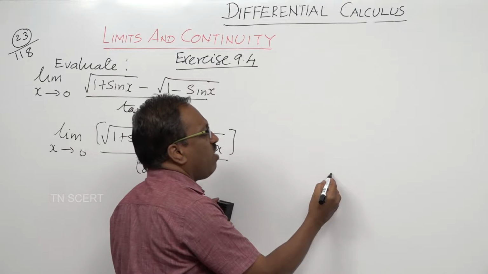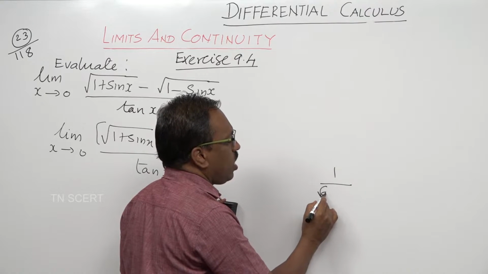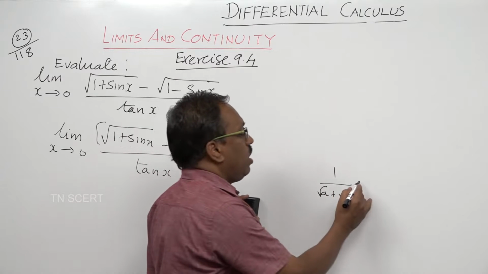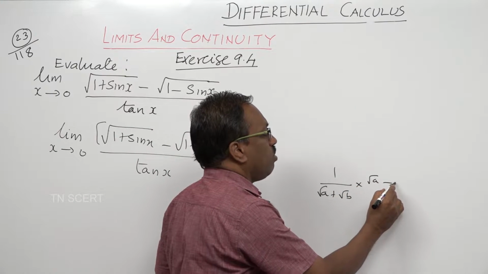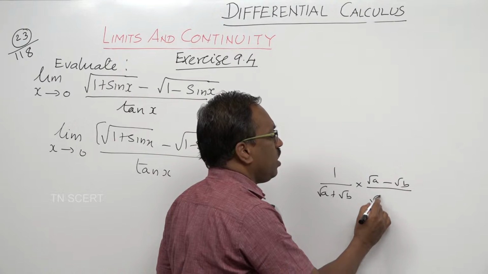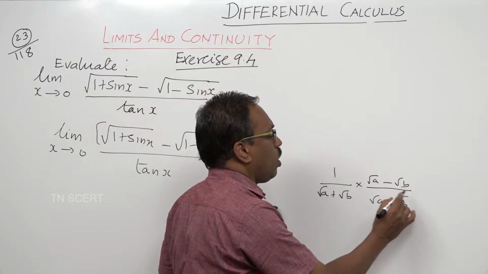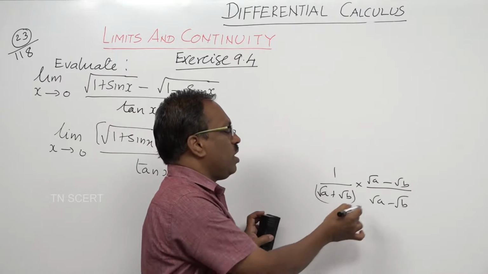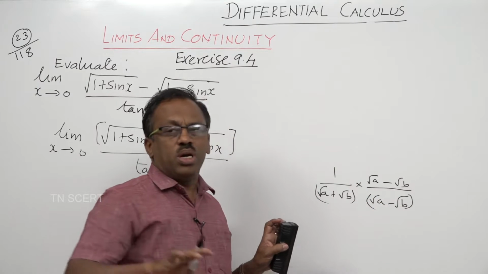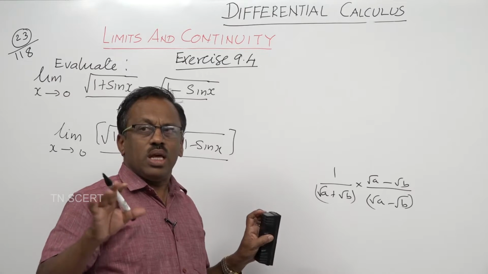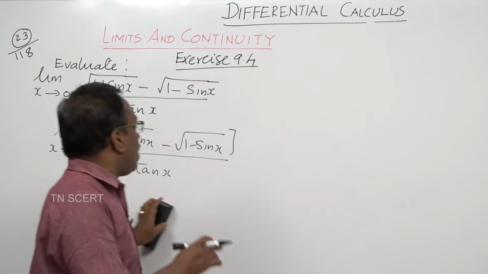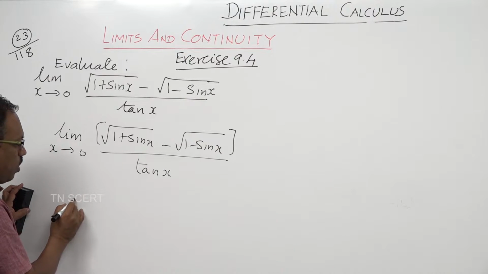Suppose I have a value like root a plus root b, what we do here is take square root of a minus square root of b, a method so that the irrational term becomes an integer or real number. So here I wish to do the same.